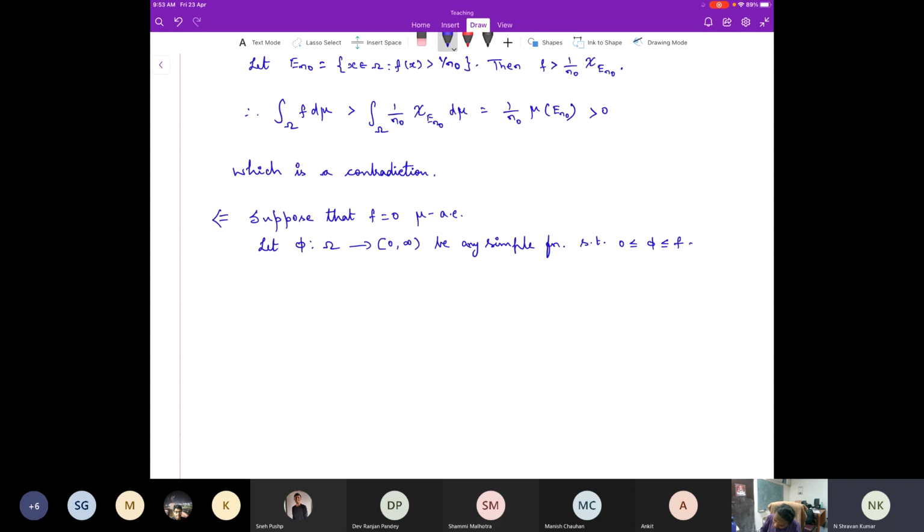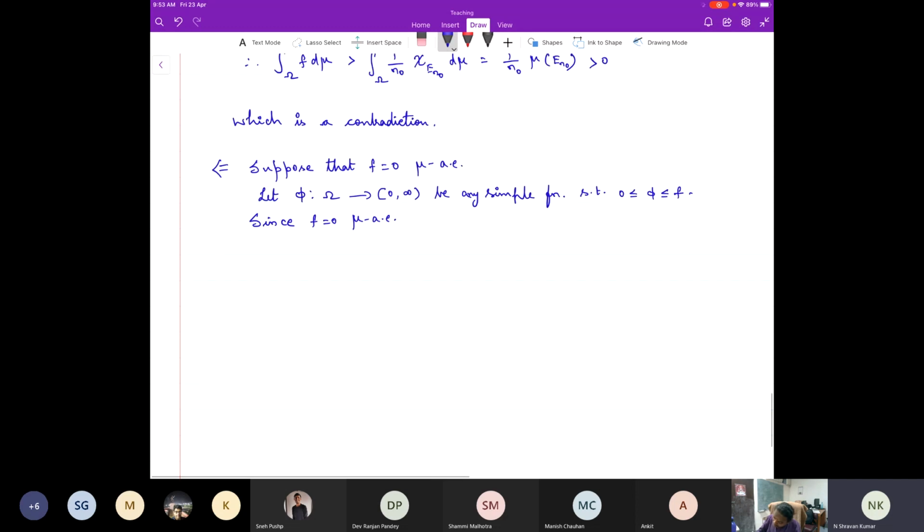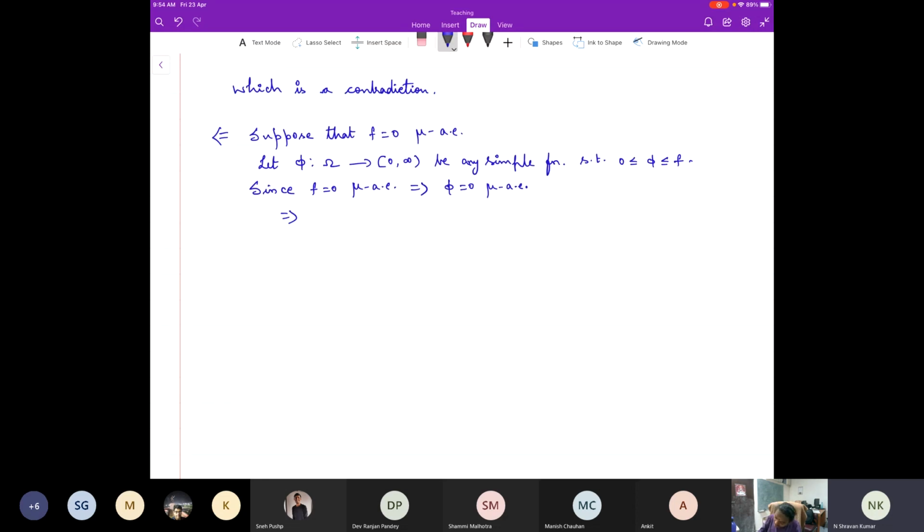Now, since f is equal to 0 mu almost everywhere, this immediately implies that phi is 0 mu almost everywhere, which implies that the integral over omega of phi d mu is 0 by part 1, by case 1.